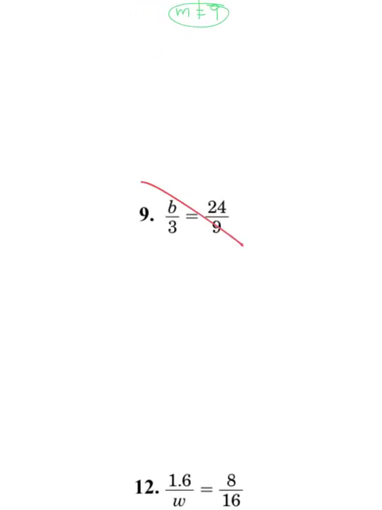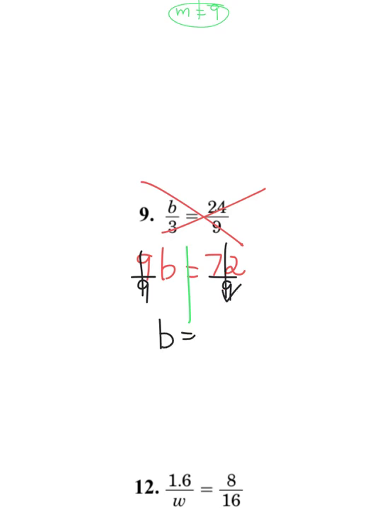B times 9 is 9b equals 3 times 24, 72. Divide by 9, divide by 9, 1b equals, and 72 divided by 9 is 8.